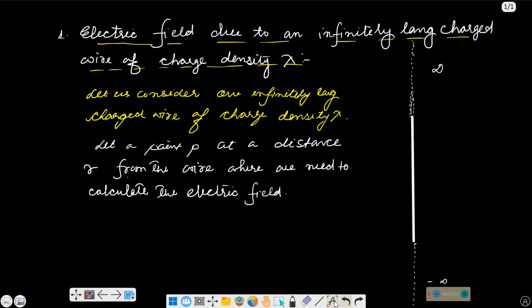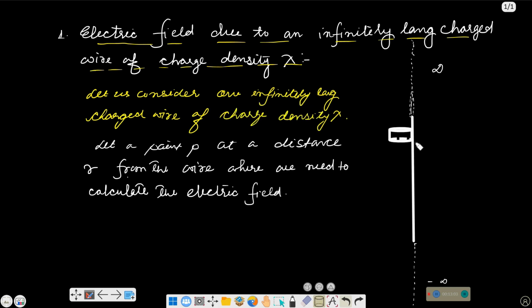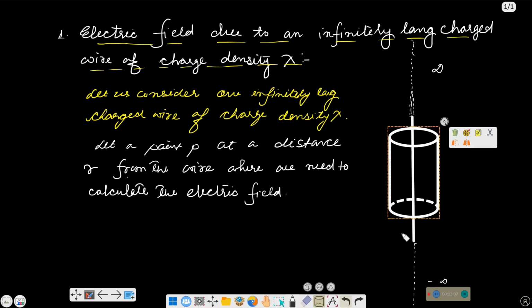Here we will draw one cylindrical Gaussian surface like this. This is your point P at which we need to calculate the electric field, at distance r from the wire.